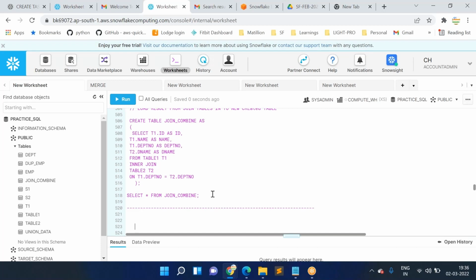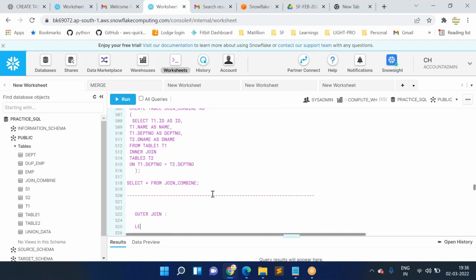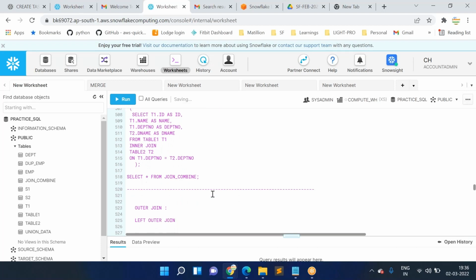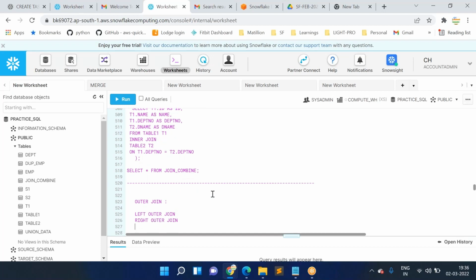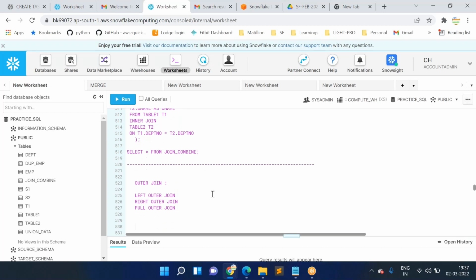We have three types of outer joins which we are going to use: left outer join, right outer join, and full outer join.